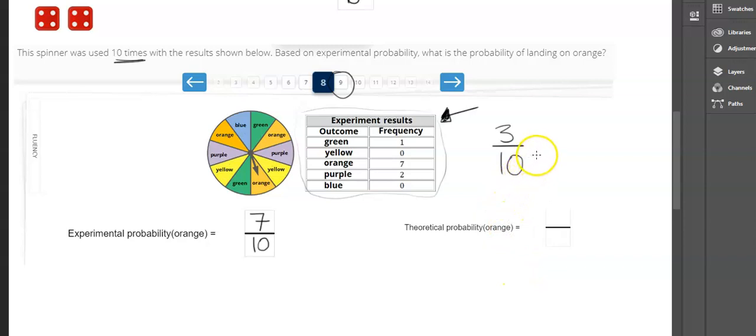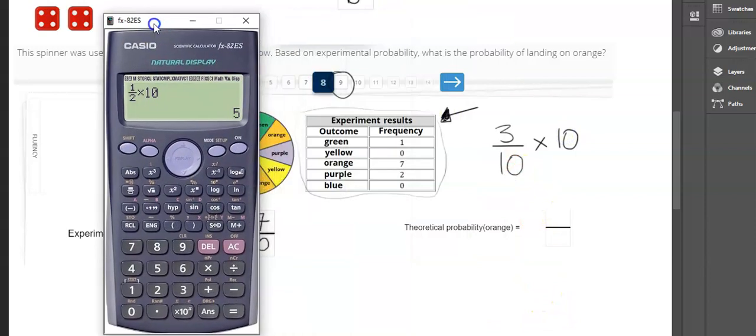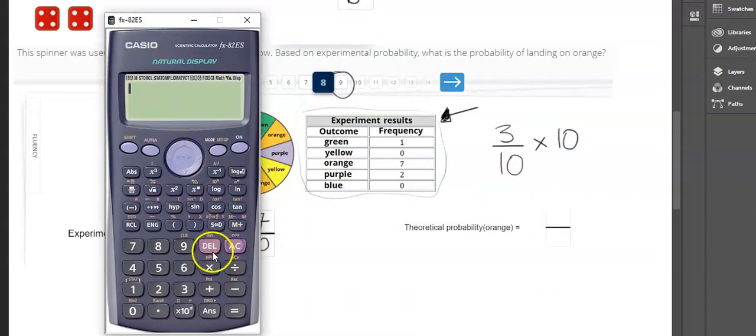Now if we are to spin this 10 times, we're just going to get this fraction and multiply it by 10. And so on your calculator, you would just put the fraction form 3 over 10 and multiply this by 10. And you should get the answer of 3.